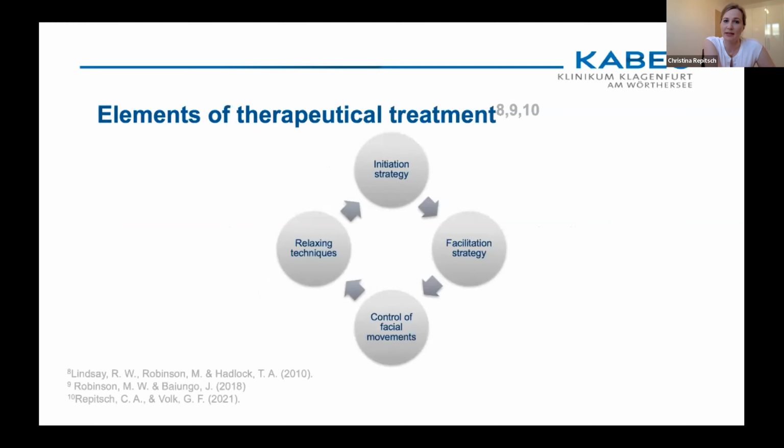The first phase is the initiation strategy. Here we focus on the improvement of self-awareness, and we guide the patient on how to perform the exercises. To improve or maintain the muscle strength, we also use functional electric stimulation. And if the patient is able to activate the muscle, we go ahead into the next phase, the facilitation.